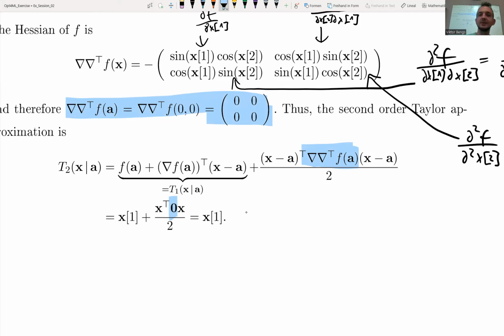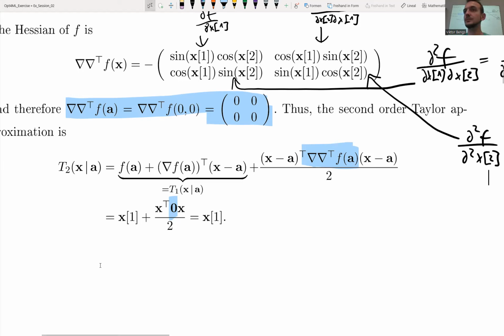If we would slightly vary the approximation point, we would indeed have here a quadratic term. So if we would go a bit away from the 0 vector, then we don't have any zeros anymore. Here all entries are non-zero, in fact, and the quadratic term would reappear, so to speak.